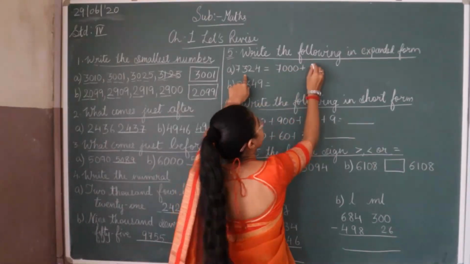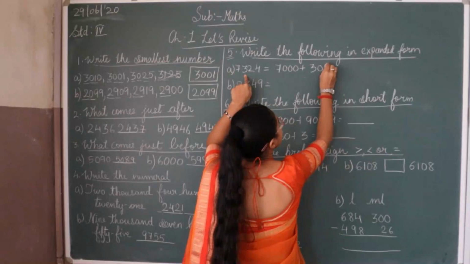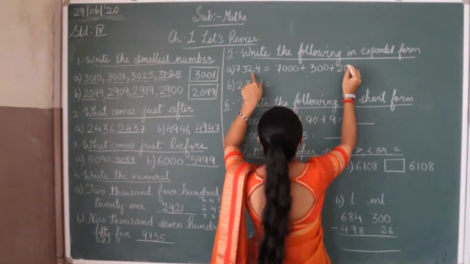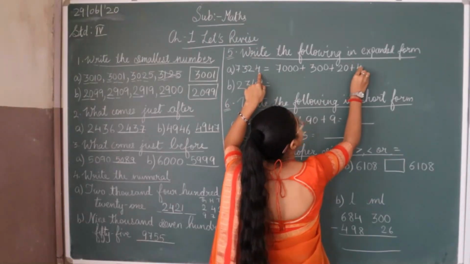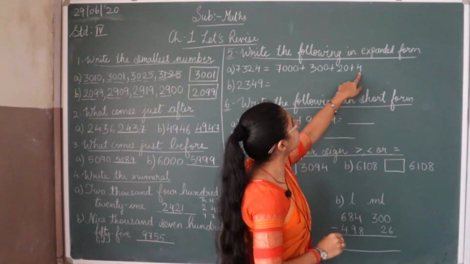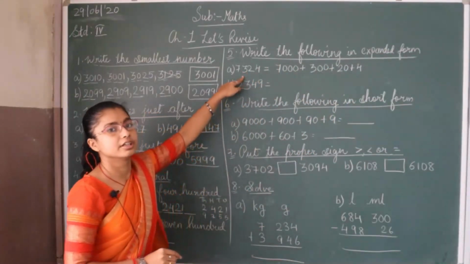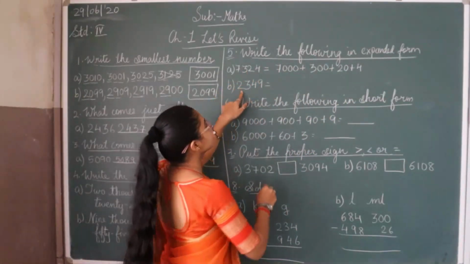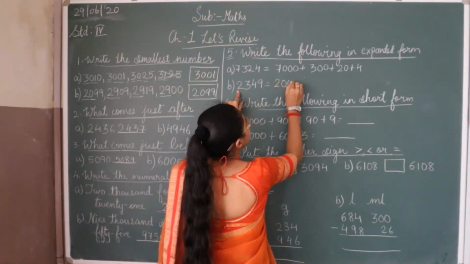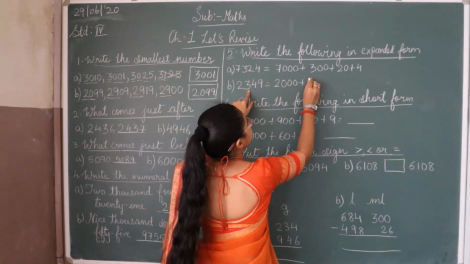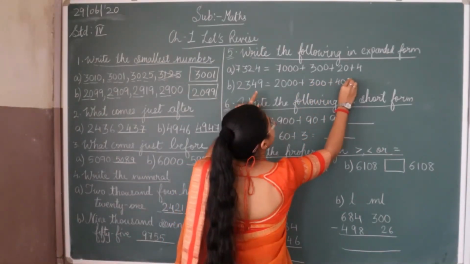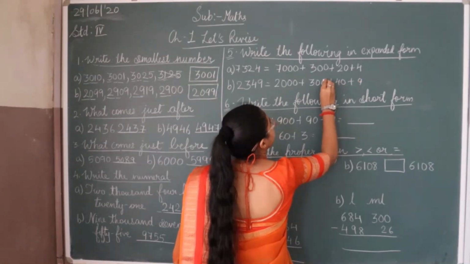Then 300, then 20, plus 4. 7,000 plus 300 plus 20 plus 4, that is 7,324. Now next is 2,349. Same, 2,000 plus 300 plus 40 plus 9.